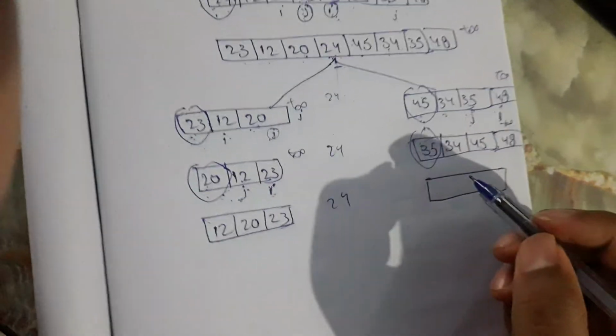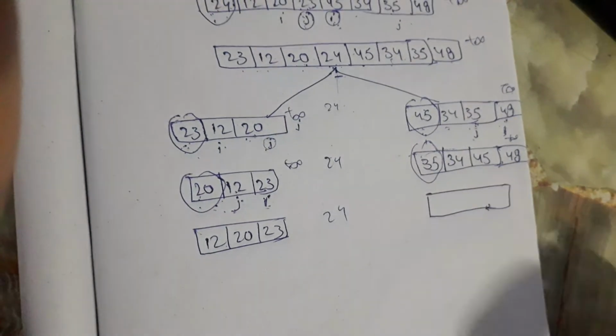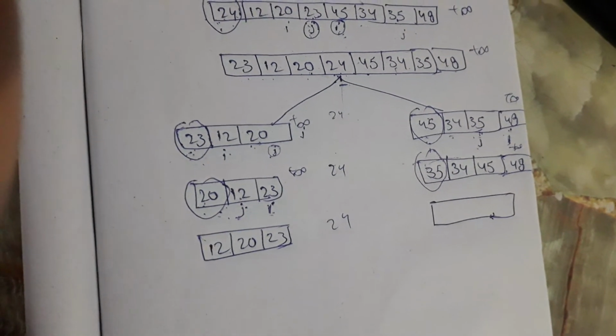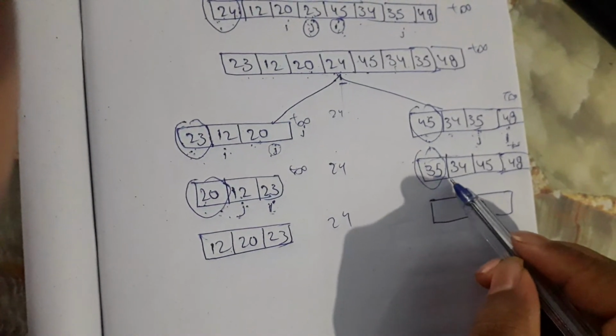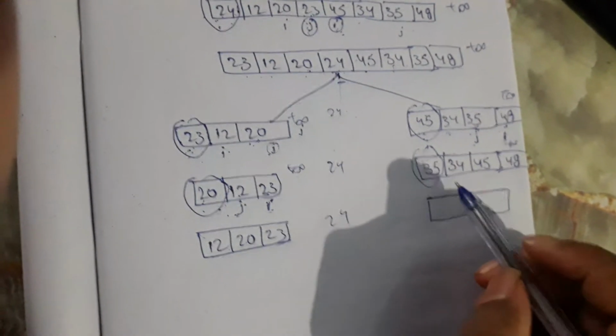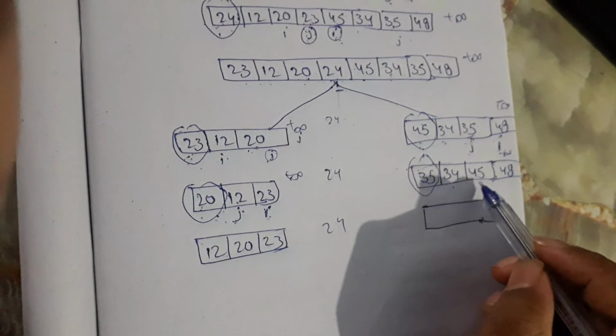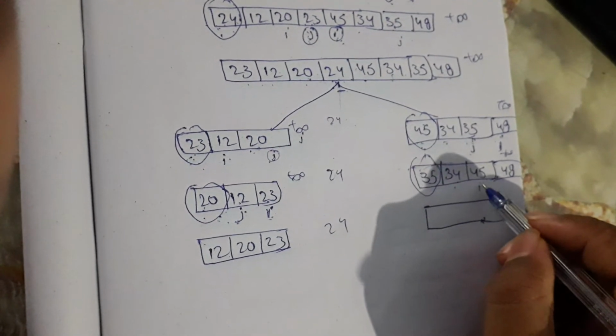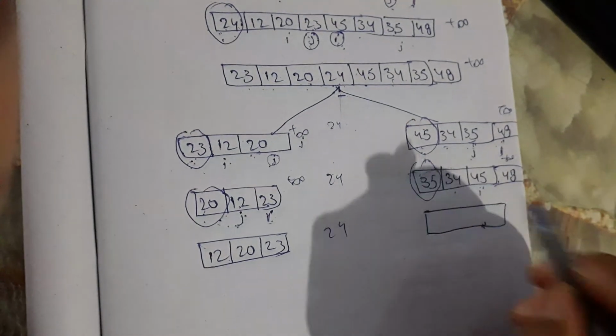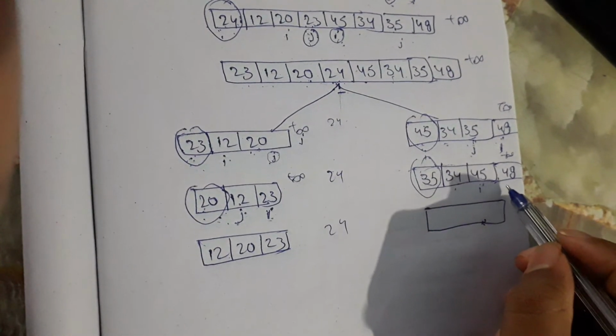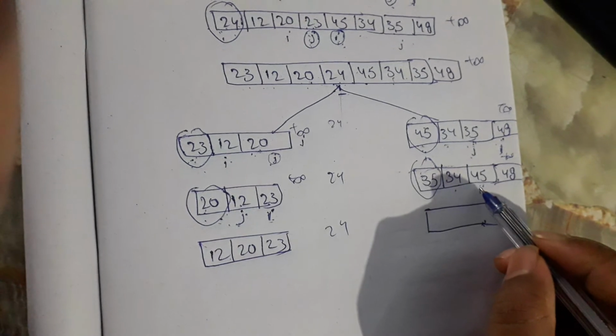Then again, this is your pivot. Compare again. Is 34 greater? No. 45 is greater. This is your I value. Now J value. Is 48 less than? No. 45 is less than?